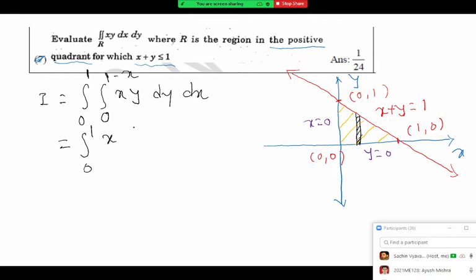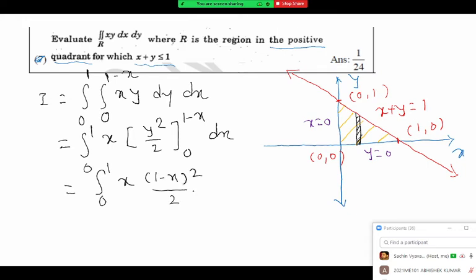Yes, x into y square by 2, limit of y is 0 to 1 minus x, dx. Then 0 to 1, x as it is, and you will get (1 minus x) whole square. This 1 by 2 is a constant, so I will take it outside the integral.